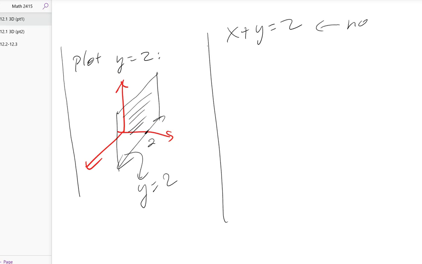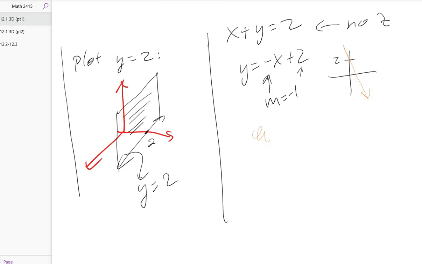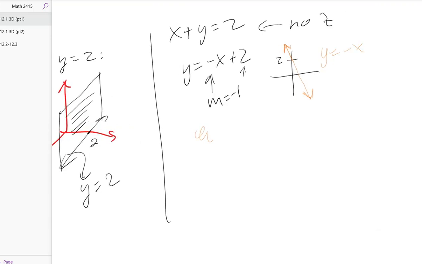So first we're going to graph it in 2D, like we did in college algebra, or just algebra. So here's the slope. m is -1, and the y-intercept is 2. So here's 2. Slope is -1, maybe that's this right there. All right, so this is y equals -x plus 2.